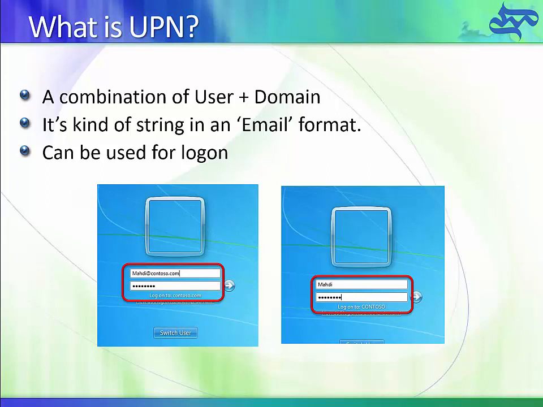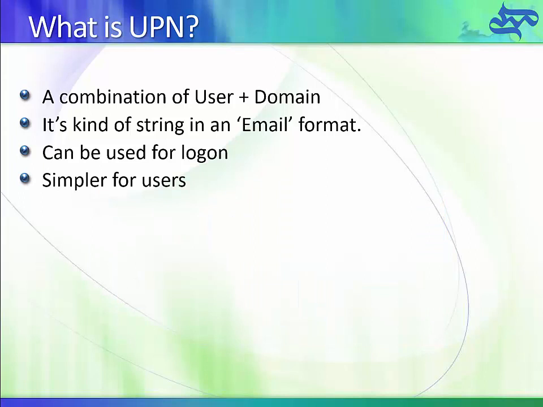So what do we gain by using UPNs in our environment? Another good point of UPN is that it is much simpler for users to understand. For users, it is much simpler to memorize. I'm not going to get involved with the details here, but as you know, we can add additional UPN suffixes for our forest in order to make logging on much simpler, because users will be able to memorize their UPNs much faster.